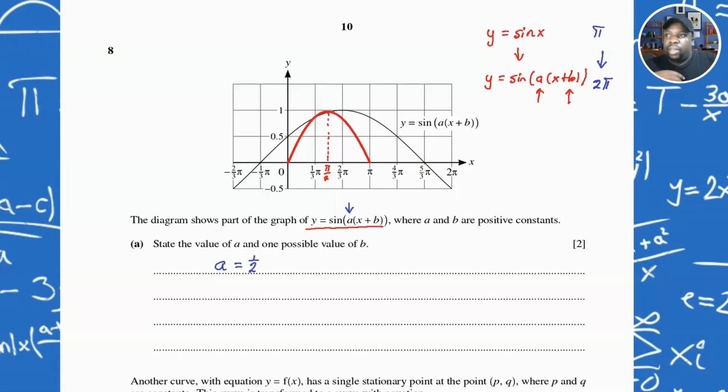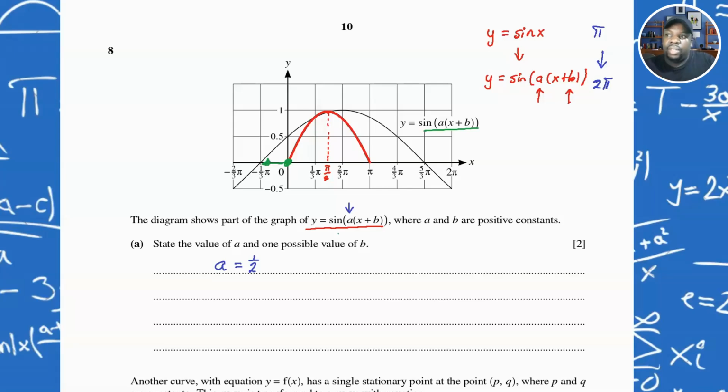Then we can also see that originally, if we take a point on the original sine graph, which is at 0, you can also see that on the transformed graph of sine of ax plus b, that same point seems to have moved to the left by a third pi units.